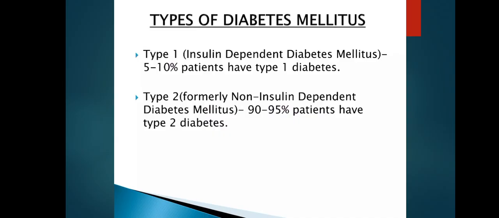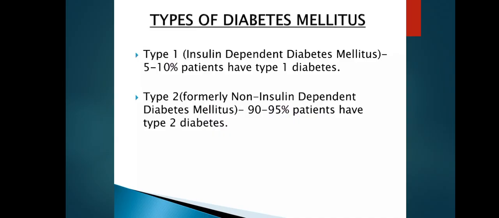And what is type 2 diabetes mellitus? Type 2 diabetes mellitus, formerly known as non-insulin dependent diabetes mellitus, is a condition in which the beta cells of the pancreas produce insulin, but the body cells do not respond to insulin.